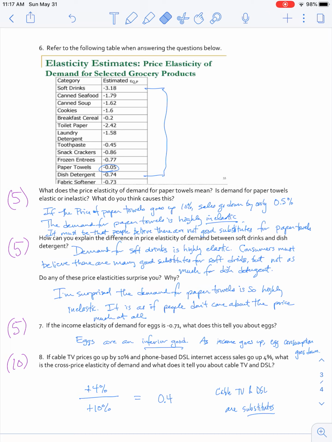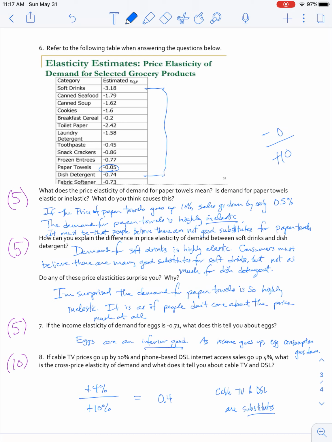It is not very sensitive to price at all, right? So if the price of paper towels goes up 10%, sales go down by only 0.5 of 1%, 0.5%. Because think about it, if the price of paper towels goes up by 10%, then the sales go down by some amount such that when you divide it, you get 0.05.